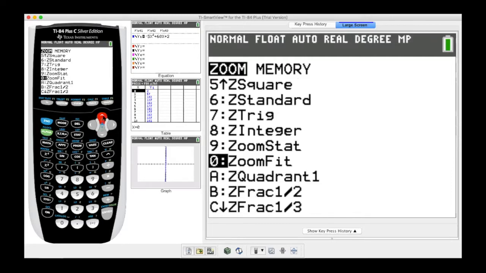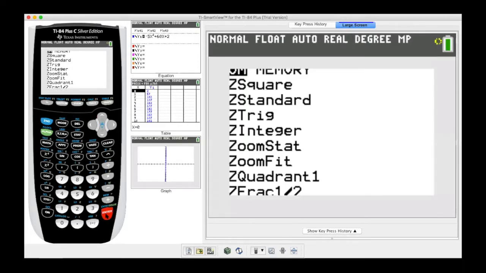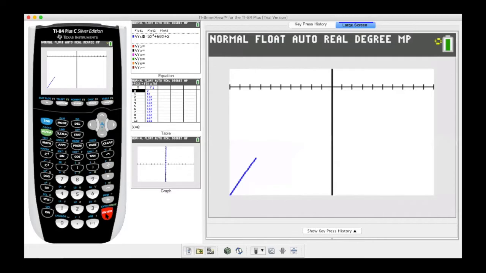So now I'm on ZoomFit, and I'm going to hit enter. And let's see if that is a better look for us. Well, now I can see kind of a parabolic path, but I don't need any of this quadrant 3 stuff because nothing's happening as far as time before 0.